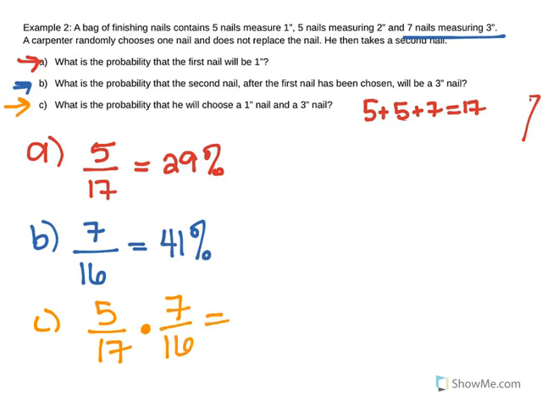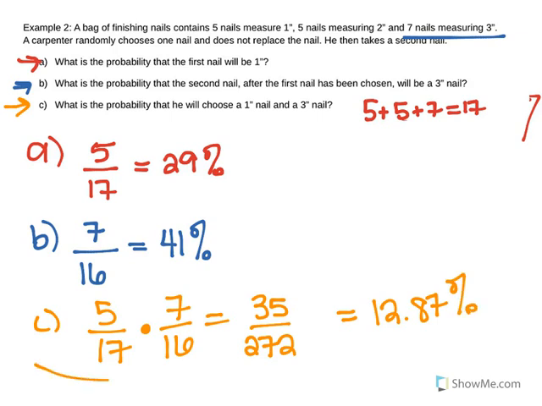To simplify this, we would multiply the tops to get 35 and multiply the bottoms to get 272. If we divide those and times by 100, our percentage would be 12.87. So it is lower, but this is how you find the percentage of both things happening.